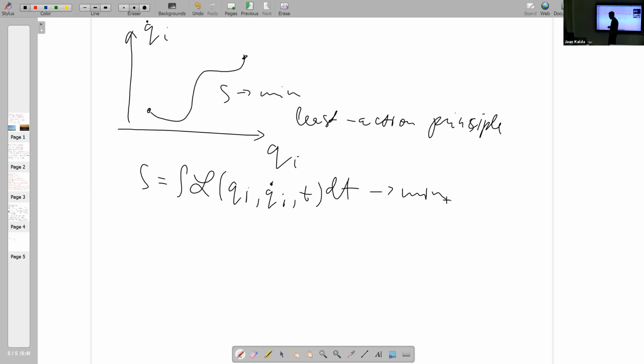Now, what is the use of it? The use is that before, if you write Newton's equations of motion, they are related to Cartesian coordinates, which are perpendicular to each other. But here, the statement is unrelated to any particular coordinates.